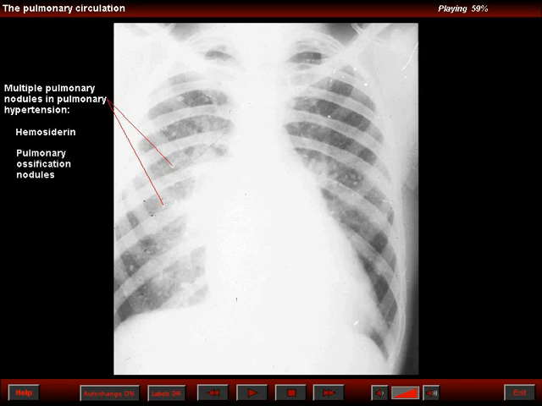The latter can mimic pulmonary granulomas and less likely metastatic disease with calcified metastasis. The pulmonary ossification nodules are usually seen also in patients with severe pulmonary arterial hypertension secondary to mitral stenosis.